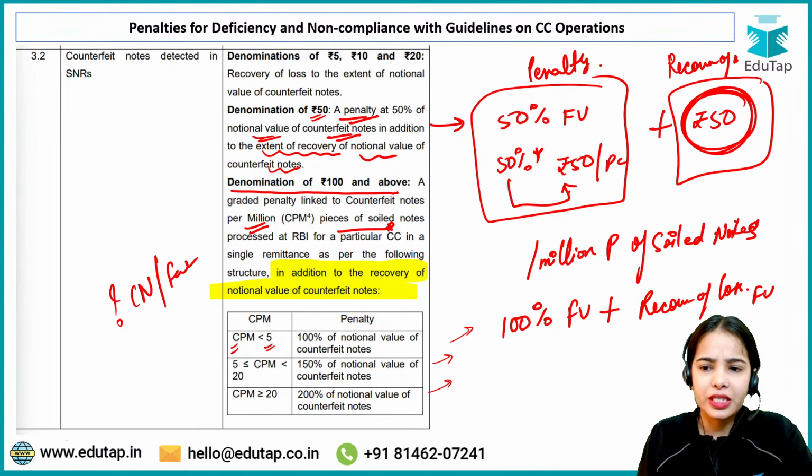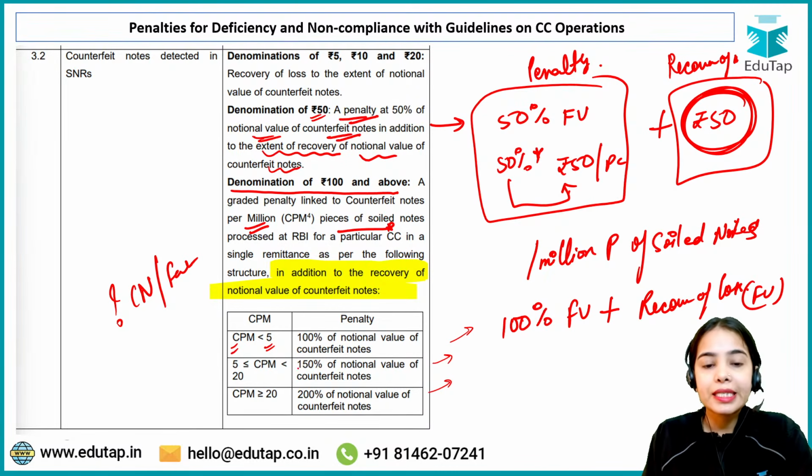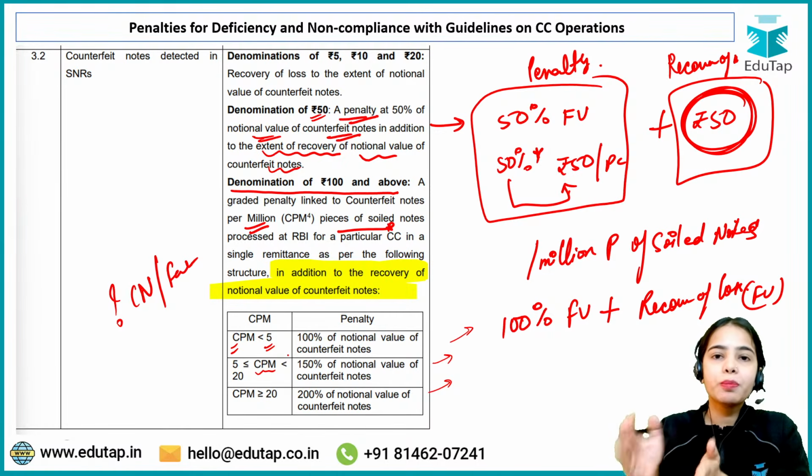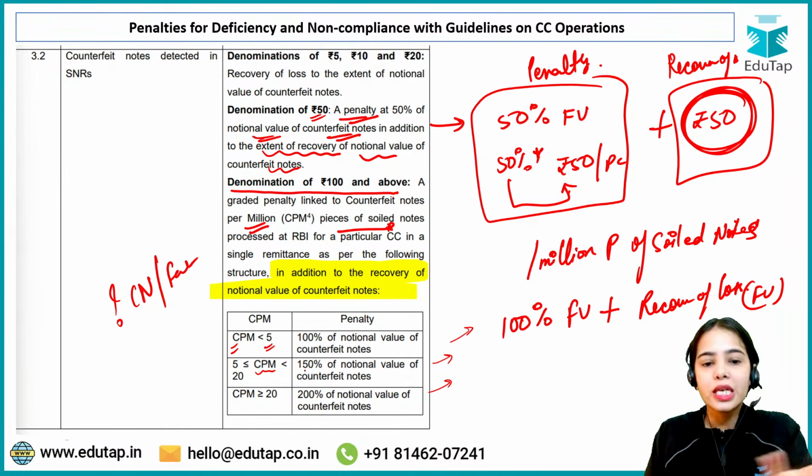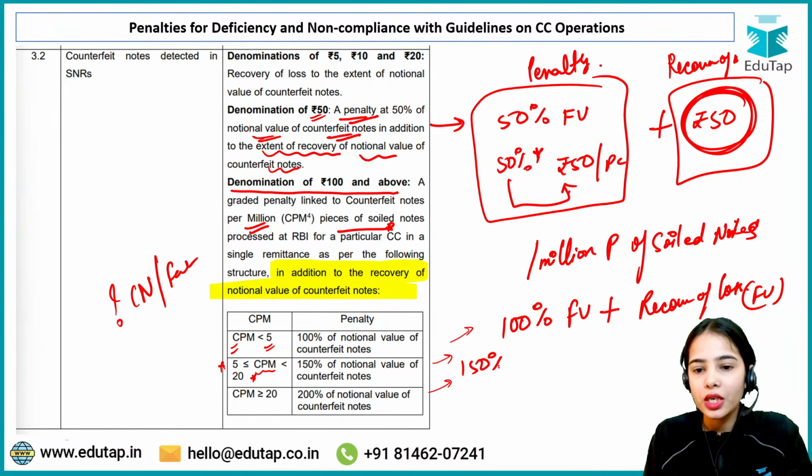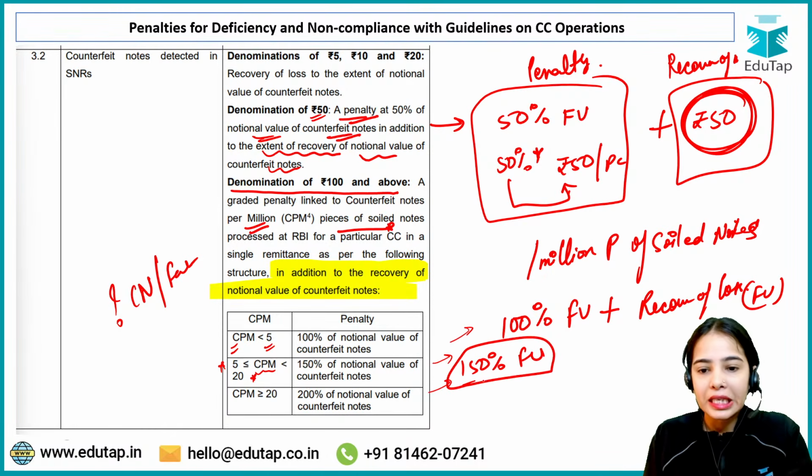That is basically the face value only. Okay, if let's say the counterfeit notes per million of the soiled notes are more than 5 but less than 20, then in this case 150% of the face value will be the penalty. In addition, the recovery of loss the RBI will do.